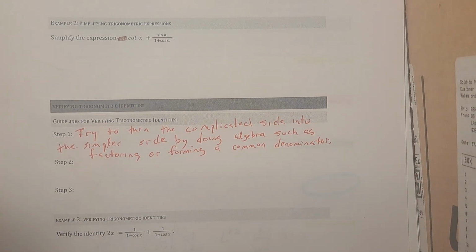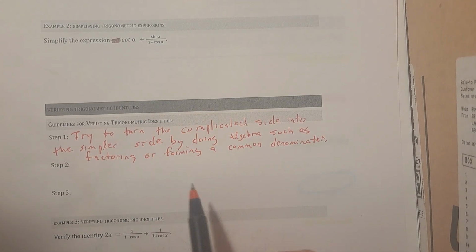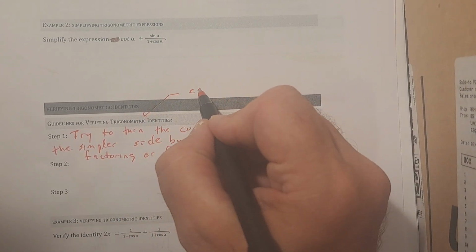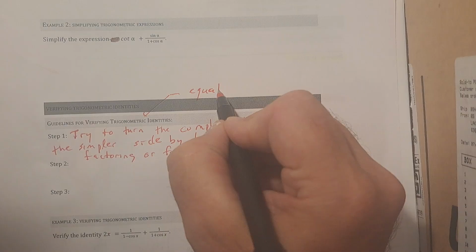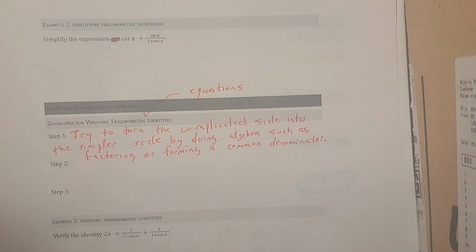Now, verifying a trig identity is different than simplifying a trig expression, because when you verify a trig identity, you have a left and a right side of an equation. This is about equations. Equations have an equal sign, a left side and a right side. Expressions do not have an equal sign. They're just expressions.